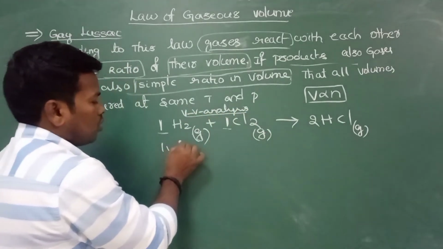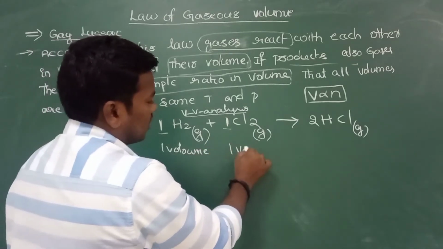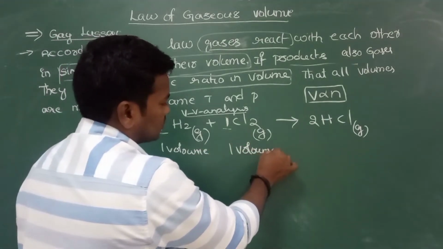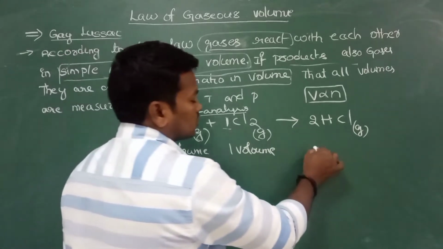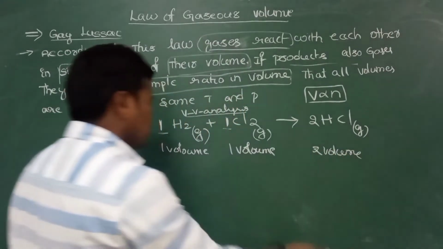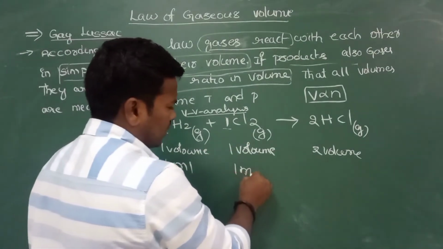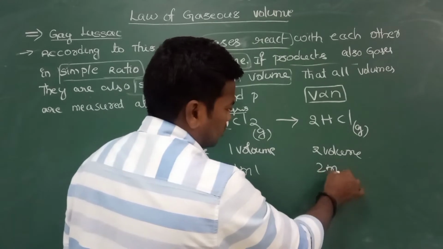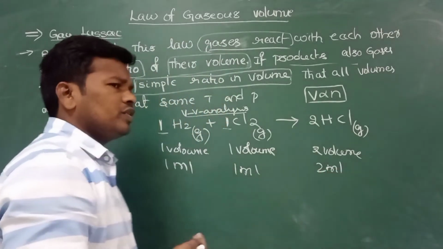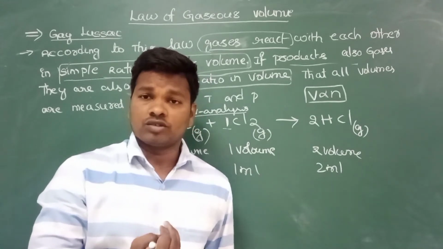So one volume of H2 reacts with one volume of Cl2, producing two volumes of HCl gas. If you take 1 ml, it reacts with 1 ml, producing 2 ml. You can do it with the volume ratio or the unitary method.